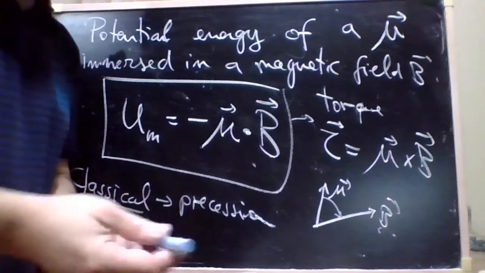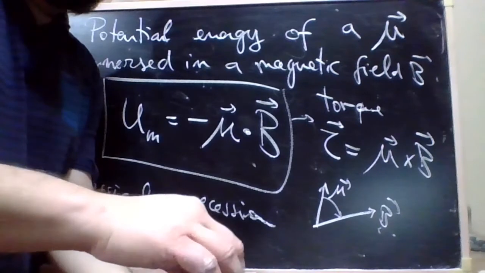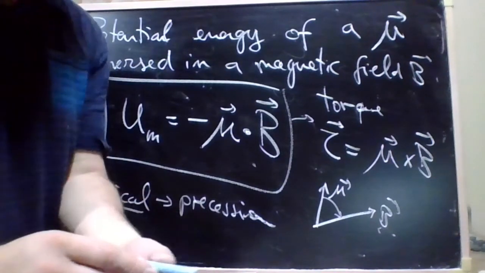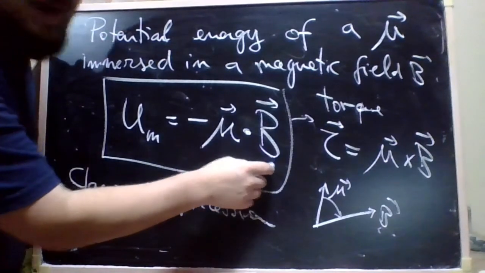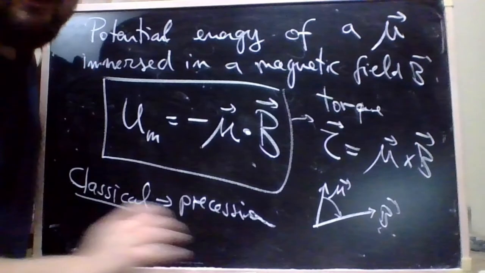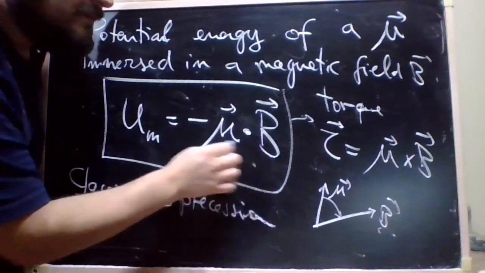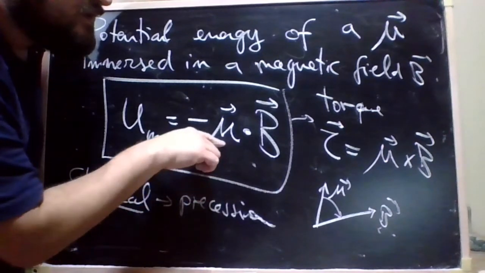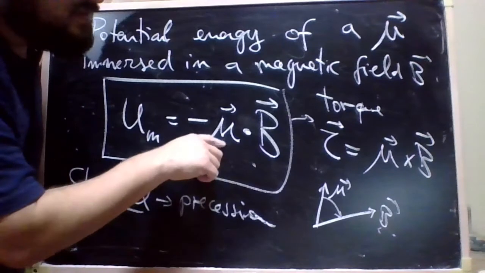In the case of the needle, you have attenuation because of friction forces, and it will relax to the most favorable situation, which corresponds to the lowest energy possible here, which corresponds to a parallel orientation between mu and B, or anti-parallel if mu is negative.